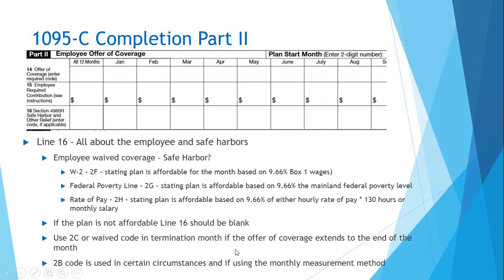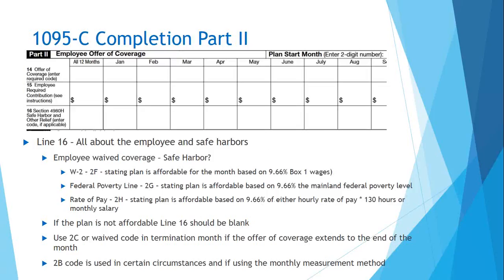So in a termination month, let's say an employee enrolls in the benefit plan and terminates on the 10th of the month. They're still covered through the end of the month. If your plan is set up that way, then the termination month will always be either 2C if enrolled, or whatever waived code you have based on the safe harbor that you've chosen, unless it's not affordable, in which case it would still be blank.